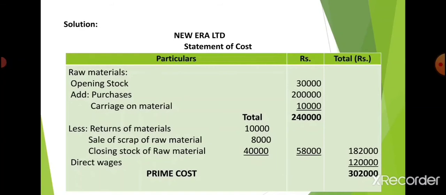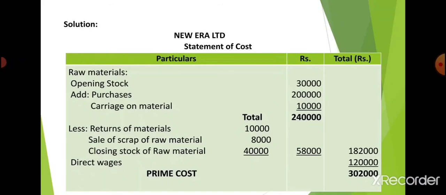So 2,40,000 minus 58,000 will be 1,82,000. So this is the value of raw material consumed, 1,82,000. Next we will write down the direct wages. Direct wages are 1,20,000.